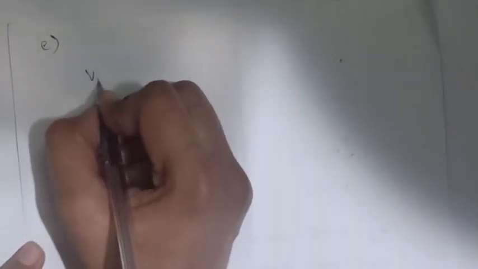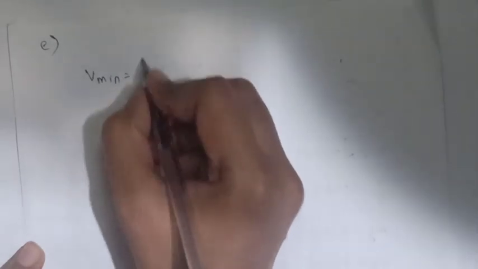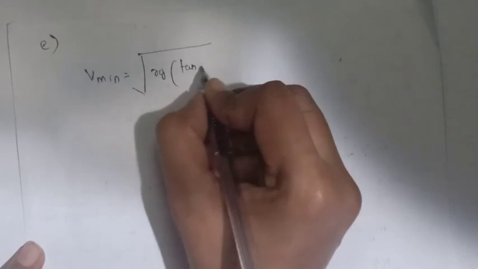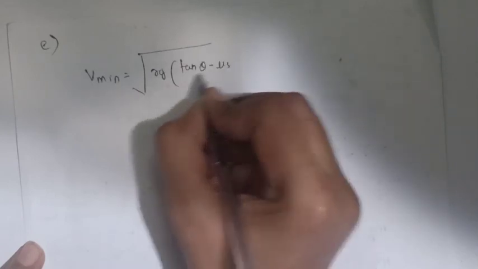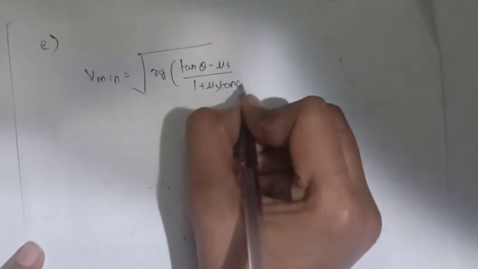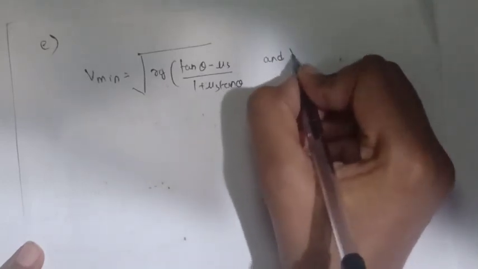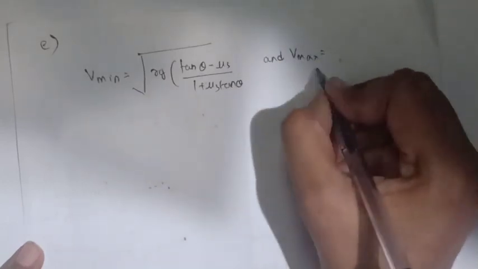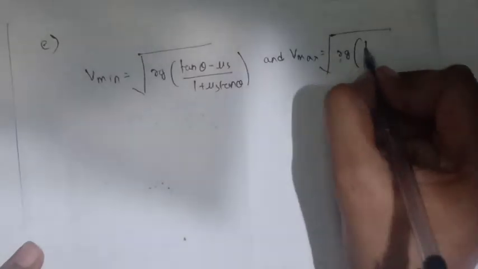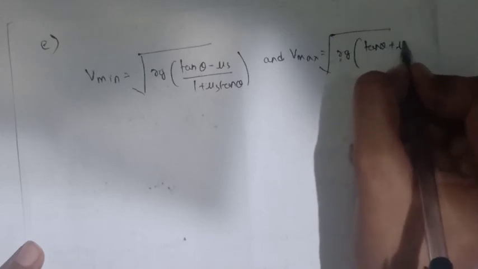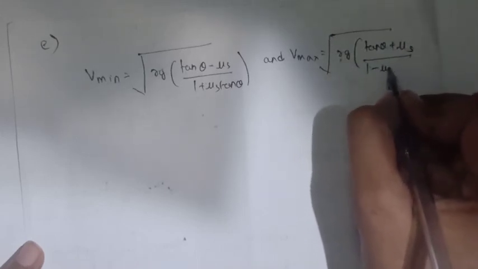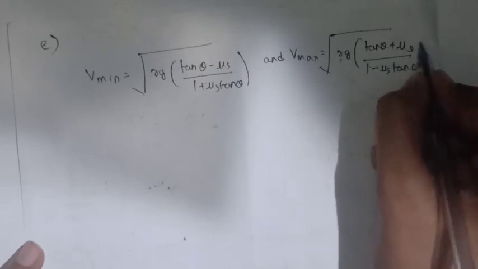So you got v min, the minimum velocity, as the square root of rg (tan theta minus mu s) divided by (1 plus mu s tan theta), and for maximum speed you got the relation as the square root of rg (tan theta plus mu s) divided by (1 minus mu s tan theta).